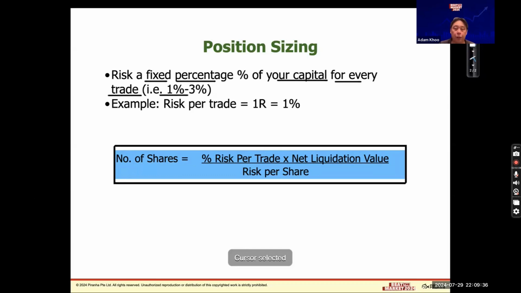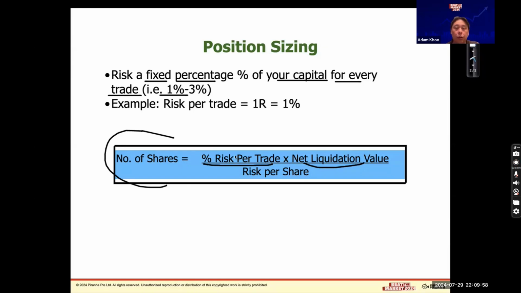So write down this formula. Okay, thank you, Annie. I really appreciate that comment. Yeah. So the number of shares to buy is equal to your percentage risk per trade multiplied by your net liquidation value.